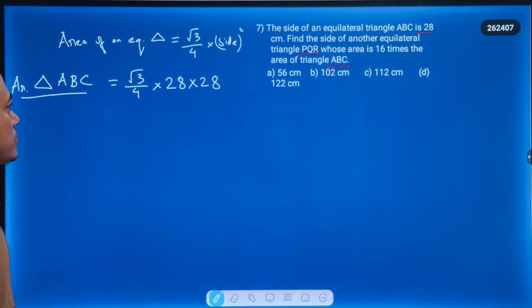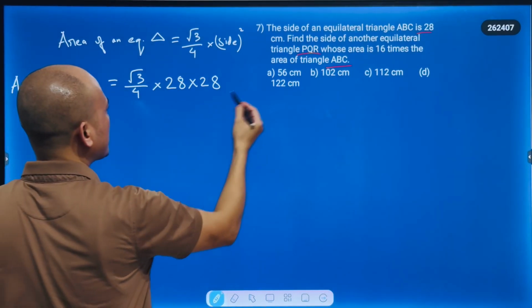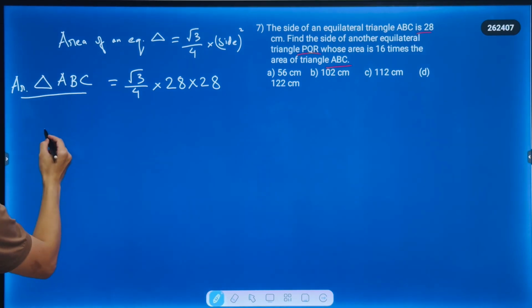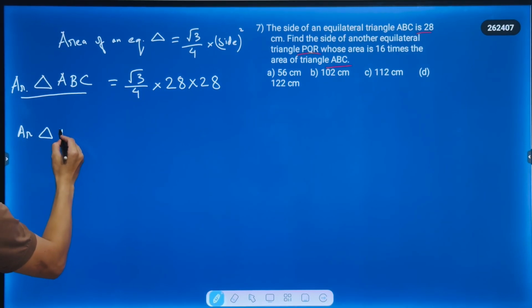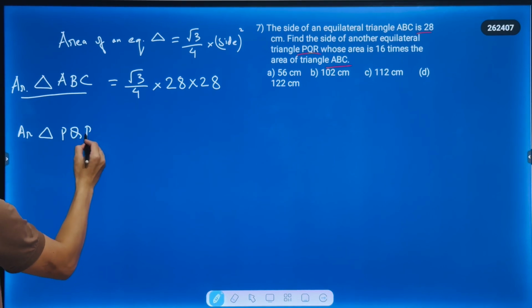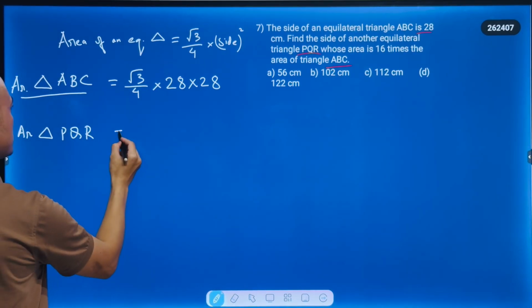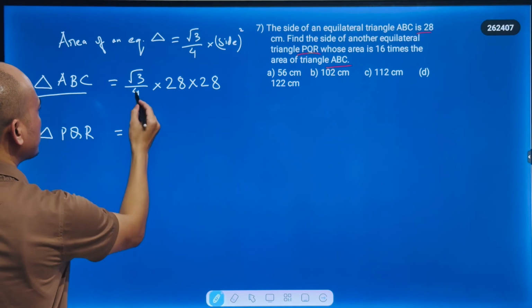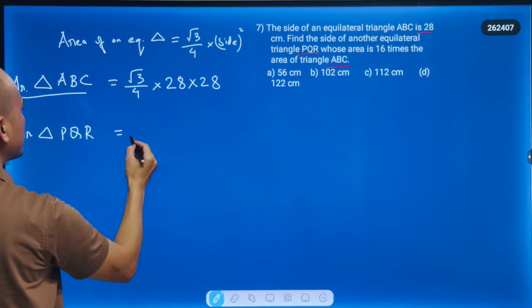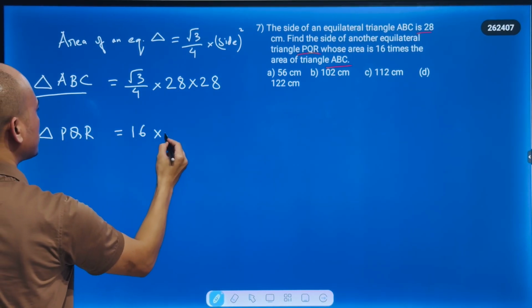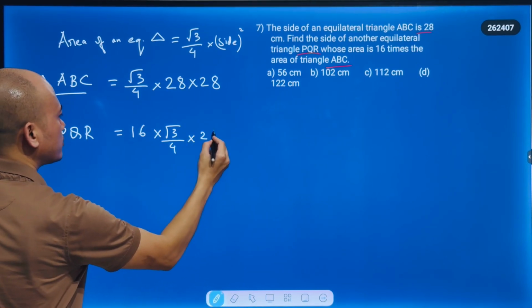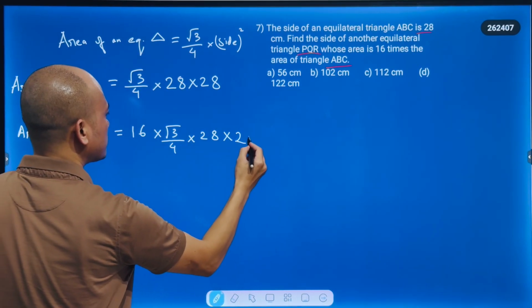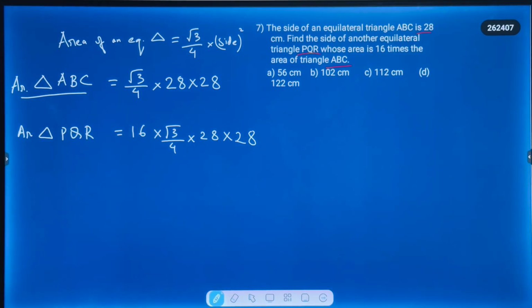So area of triangle PQR is 16 times, this means 16 times of this area, 16 into root 3 by 4 into 28 into 28.